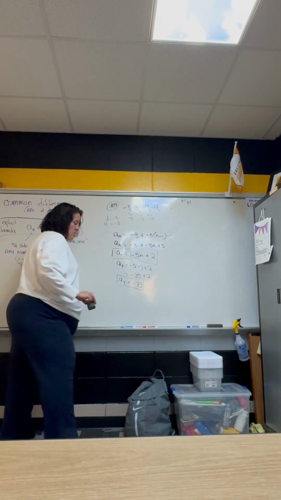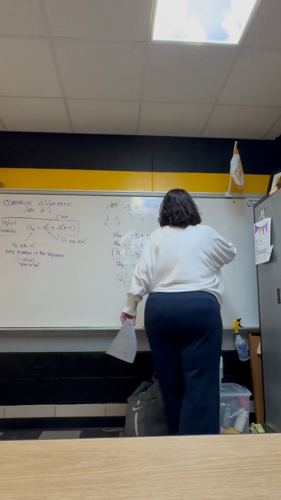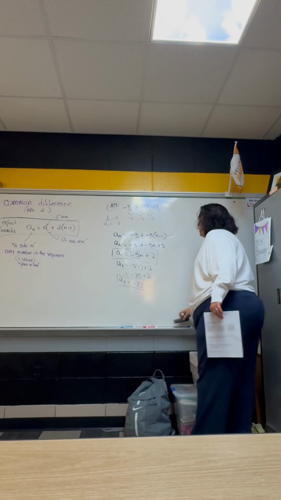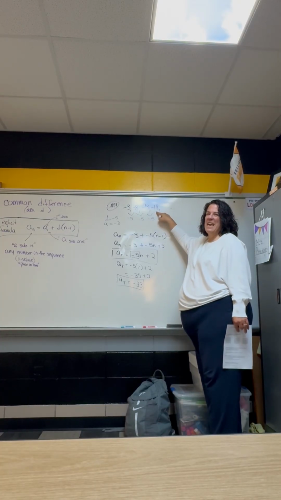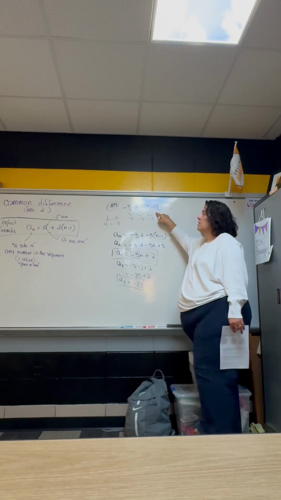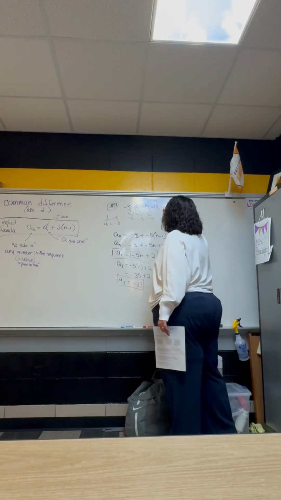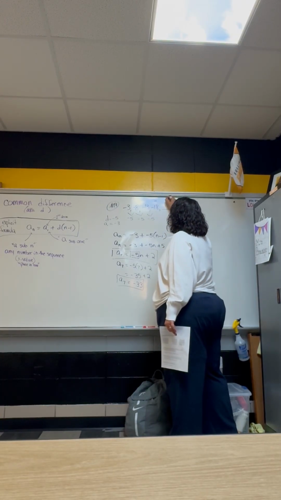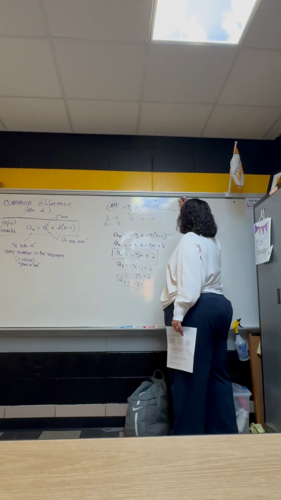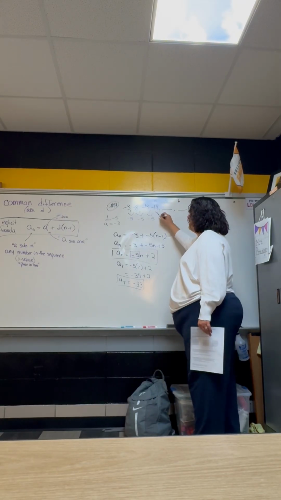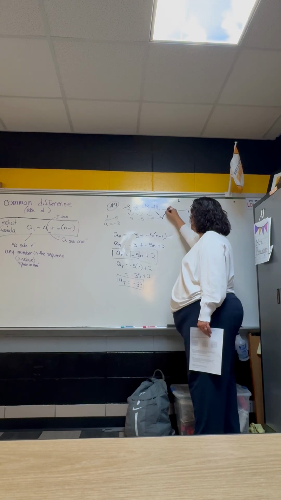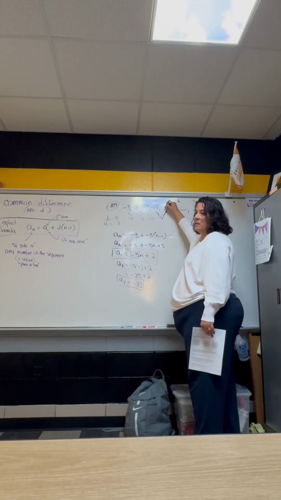Should we check it out? I think we should check it out. What place in line is -18? What's the n of -18? 4. So if this is 4, this one's 5, this one's 6, this one's 7. So -18 minus 5 gives us -23.